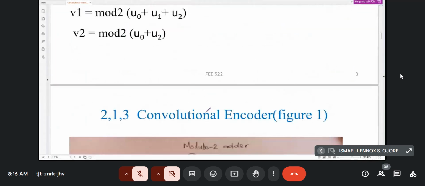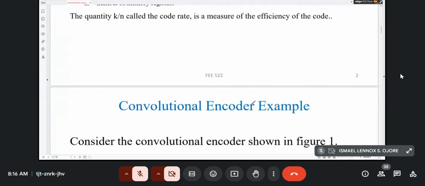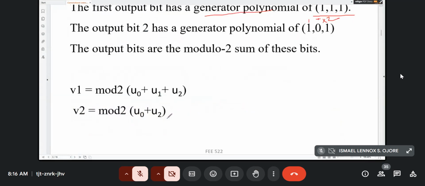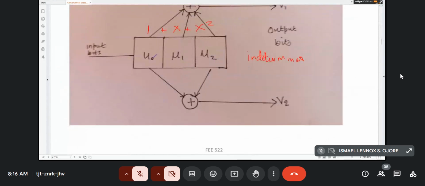One gives you the output of these three, so V1 is U0 plus U1 plus U2 mod 2. This one is simply this plus this plus this, and V2 is U0 plus U2.